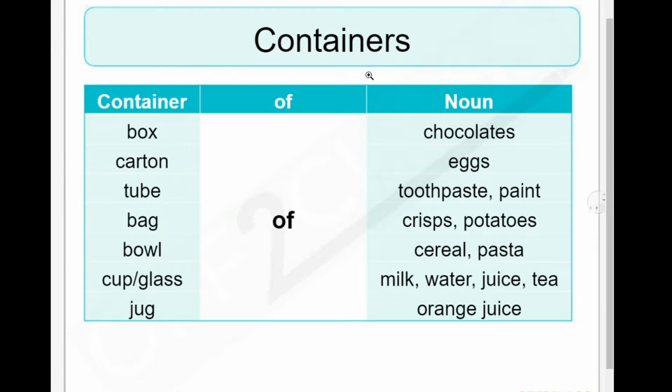Containers. On this side, you see the nouns for the containers. On this side, we have the actual containers. A box of chocolates. I'm giving you time after I say the container and the noun so that you can repeat it.